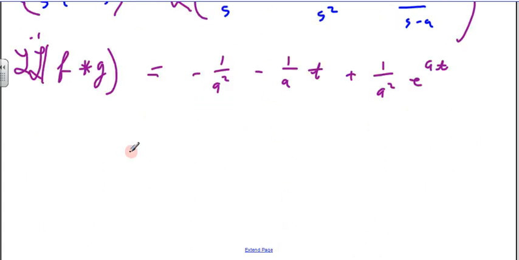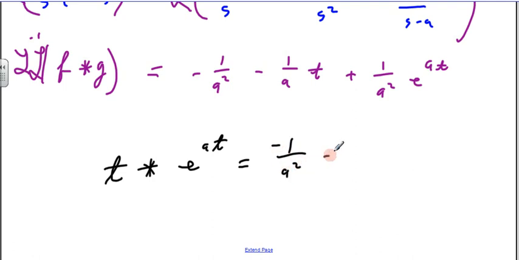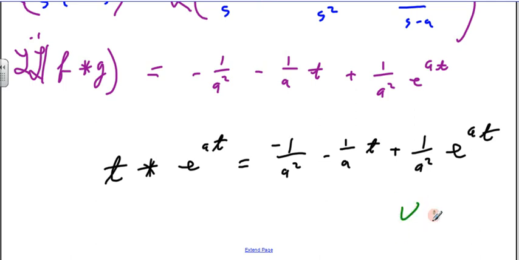Well, I've got that t convoluted with e to the at is going to equal minus 1 over a squared, minus 1 over a t, plus 1 over a squared e to the at, and that checks with the back of the book. There are other ways I could have done that. I just chose not to today.